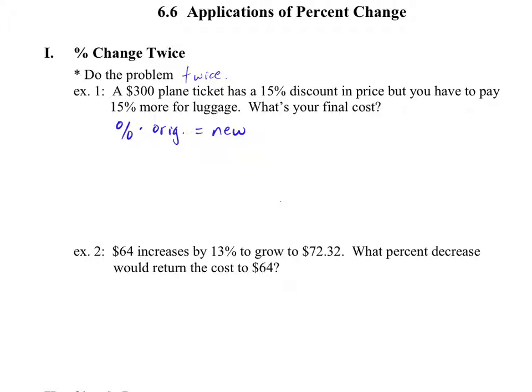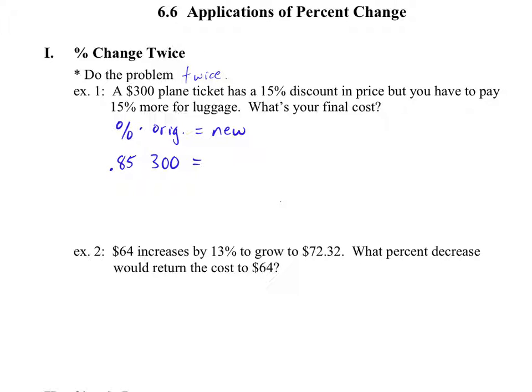All right, a $300 plane ticket has a 15% discount. So the original price is going to be the $300, right? So we're starting out at $300. One trick in here is if they say a 15% discount, if you want to do it in one step, instead of doing 0.15, you do 0.85.